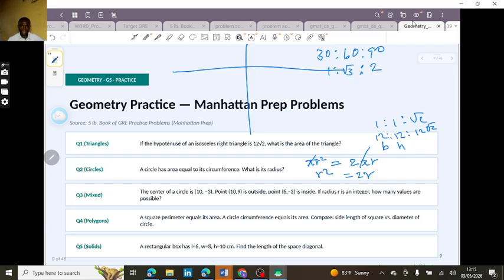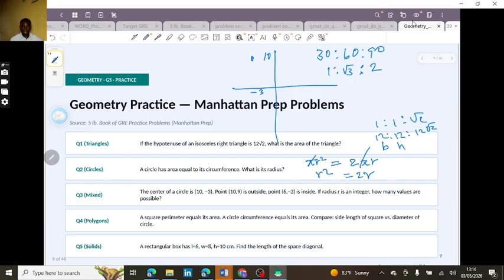Where is (10, -3)? This diagram is too small to get 10 and -3, so we will have 10 first here and -3 here, and the point we are looking for is around here.